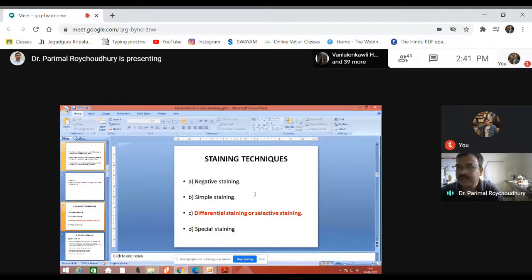So if you don't have dark field and phase contrast microscopes, then simply by performing negative staining, we can demonstrate the capsules of bacteria. It is performed only for demonstrating the capsules of the bacteria. Whereas the other staining techniques are examples of active staining, where the bacteria take the color and we can see them under the microscope.